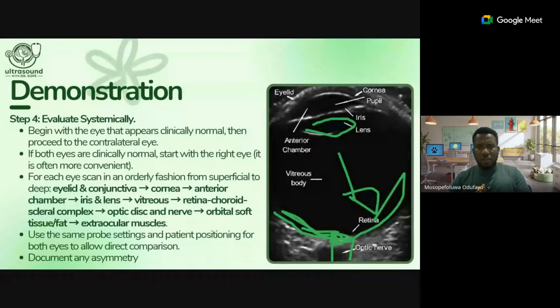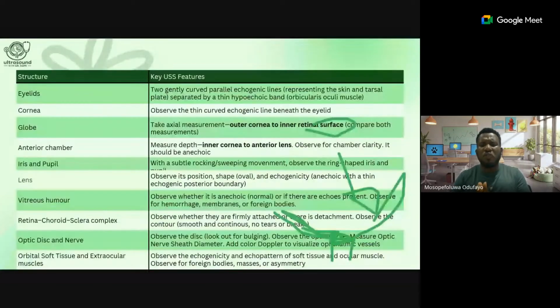So in more detail, let's look at what you would find when you are looking at all of those structures. This will inform what is normal so that you can know what is abnormal, and also this would help you know how you should describe what you are seeing in your report.